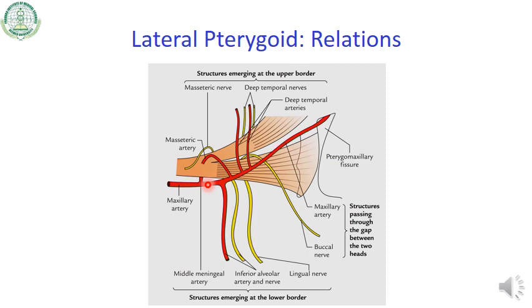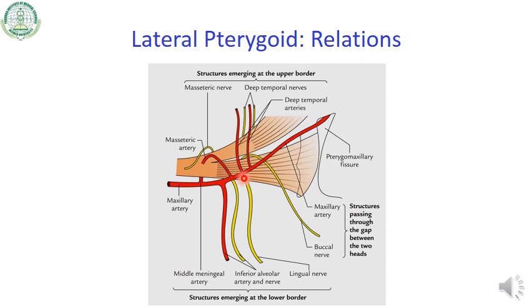So you can see here, this is a maxillary artery and its branches are middle meningeal artery, inferior alveolar artery, deep temporal artery, and this is the terminal portion, where inside also into the pterygopalatine fossa there are few branches.